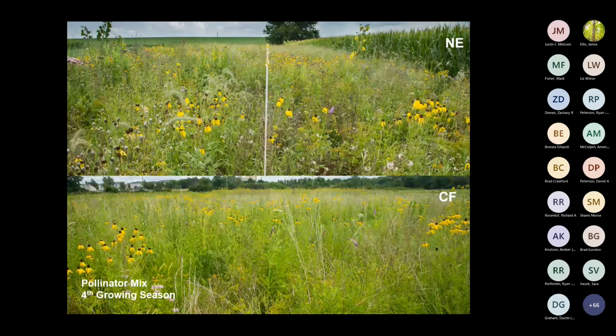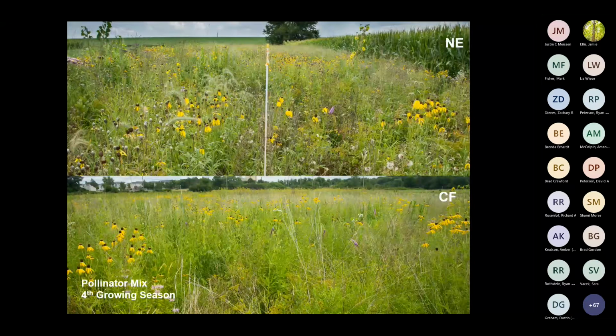So just to give everyone an idea of what these prairies look like, I'll show some photos taken in July during their fourth growing season. So that was the most recent one for the CF experiment. The national one at this point is in year 7, but this is a photograph of year 4.